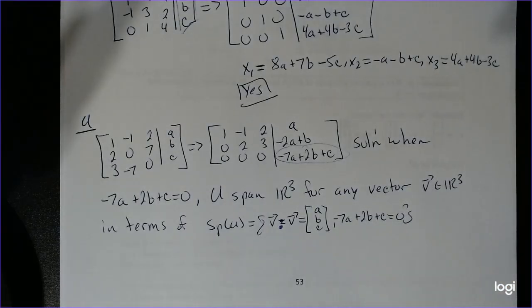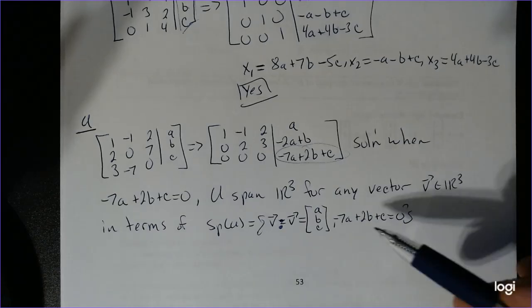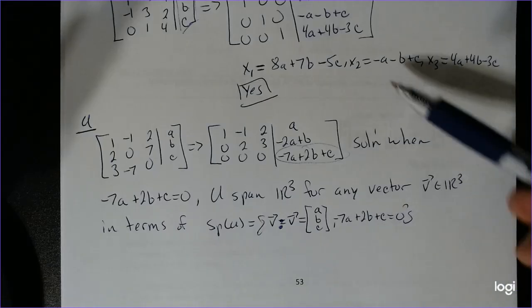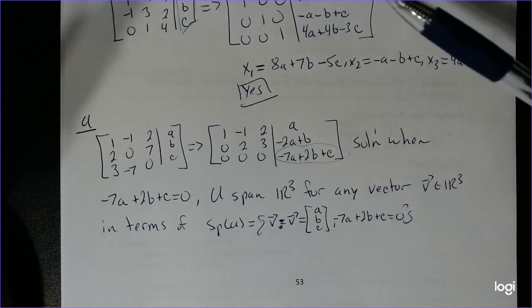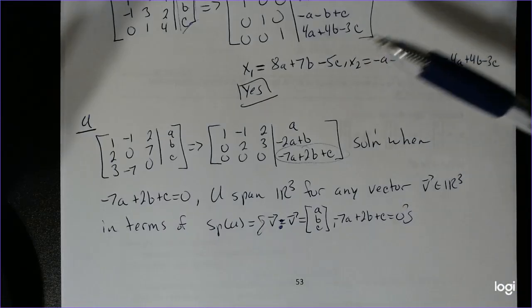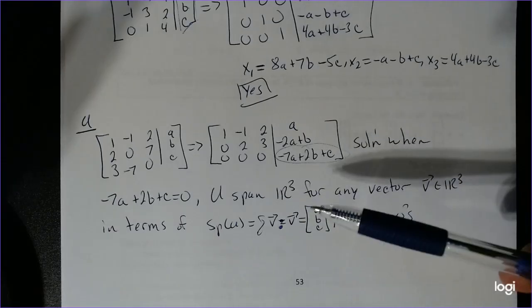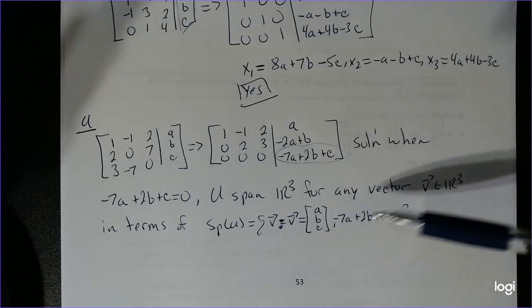Okay. But we kind of have a problem. Remember, A, B, and C are arbitrary numbers. So the question is, going back to what it means to be a spanning set of R3, every vector can be a linear combination of these.